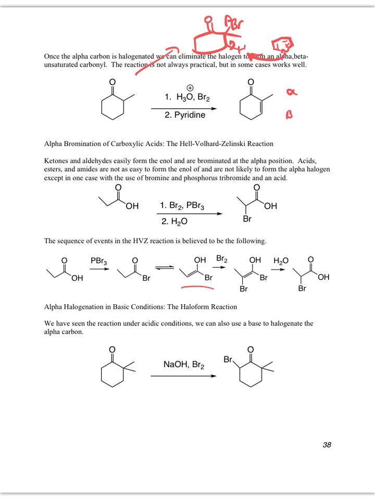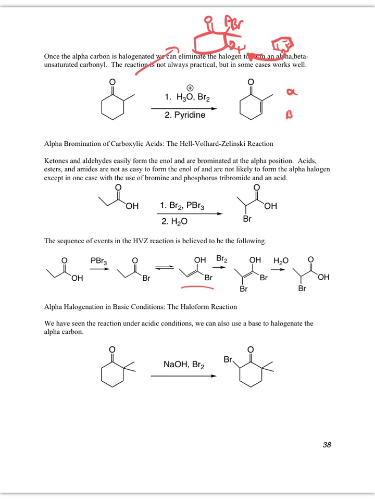Then that can react to add a bromine on the alpha carbon, giving us the bromine in place of the OH, and then we can cleave the acid bromide to form the carboxylic acid. Okay, so it's a simple reaction to do in that sense.